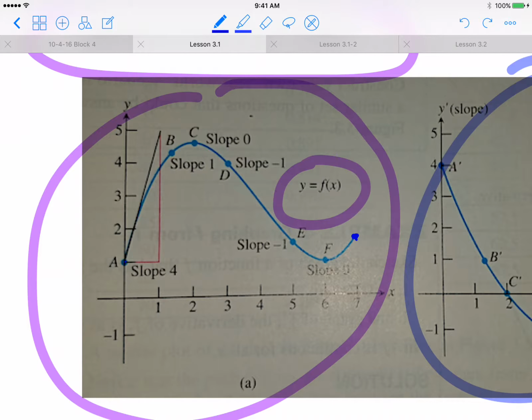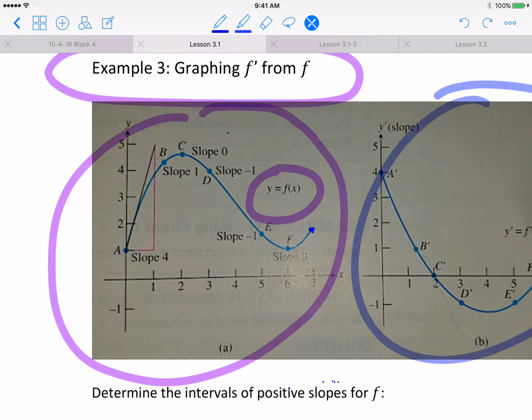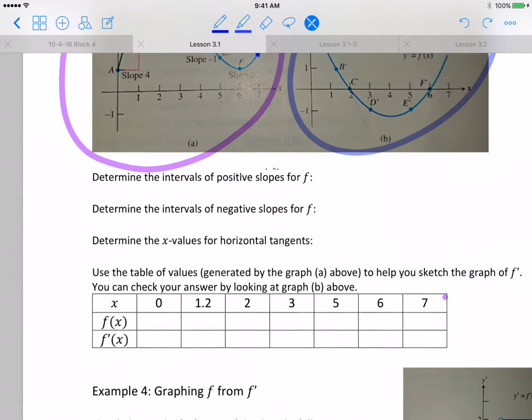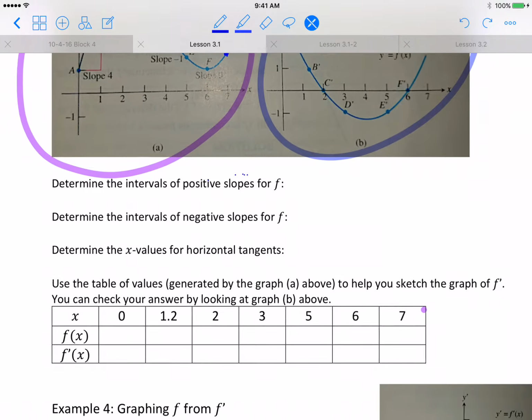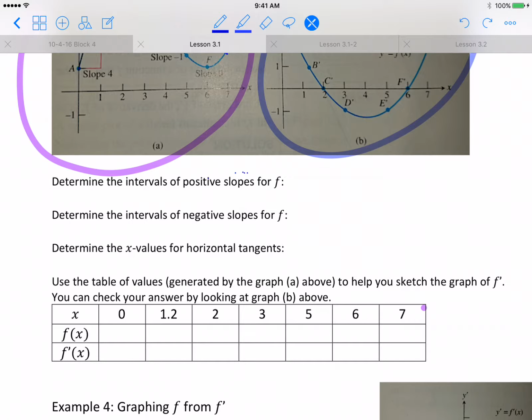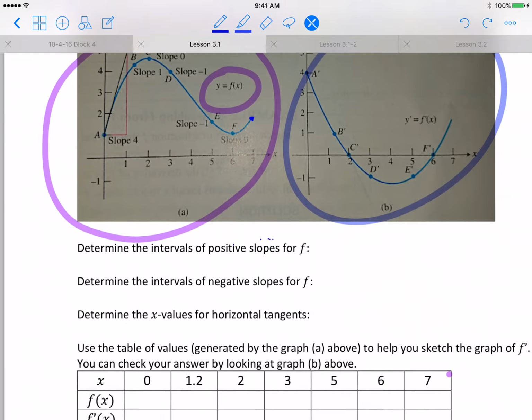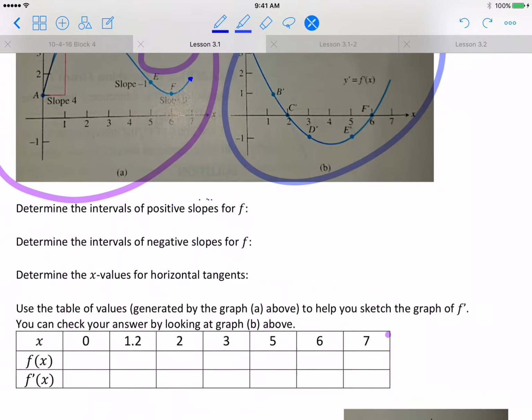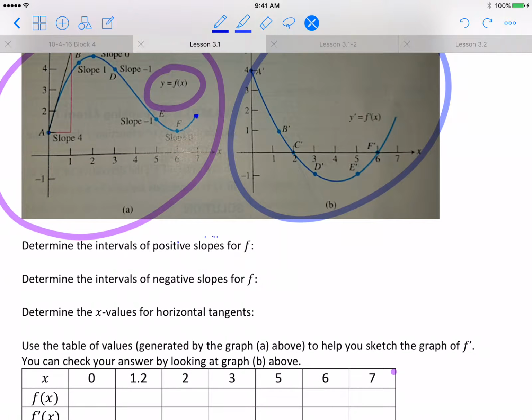Unfortunately, it doesn't give us the slope values at those points. So what I would recommend is to organize a table of the x and y values. x represents your x values, and f of x just refers to your y values at that point. But as I think about this, we don't need the y values to graph the derivative.